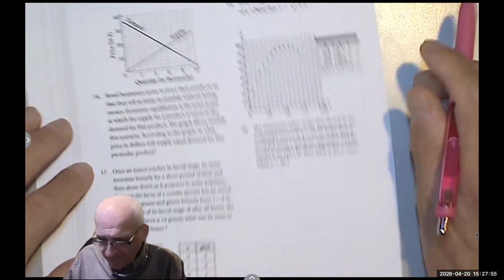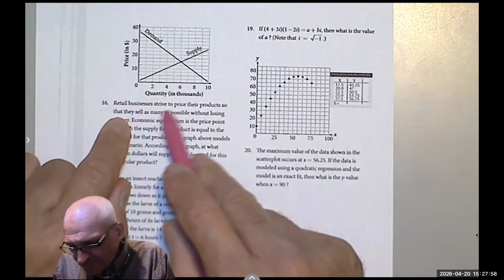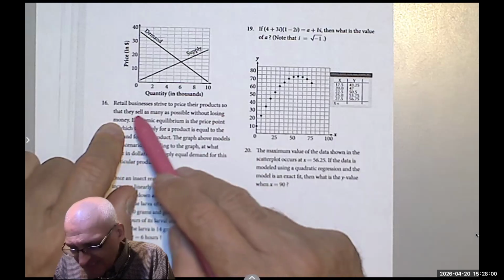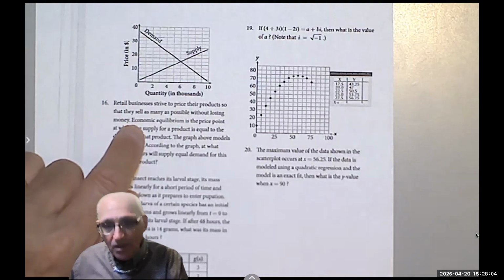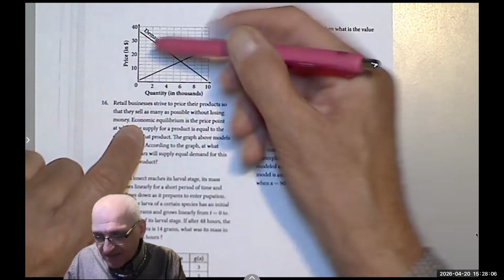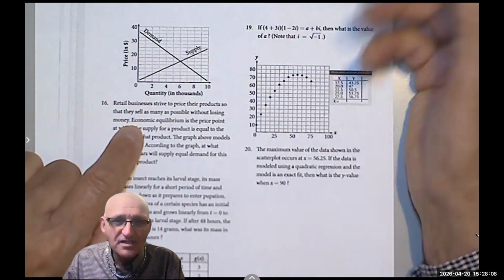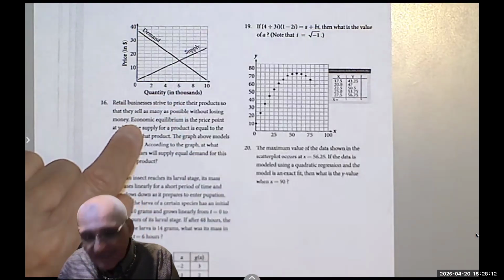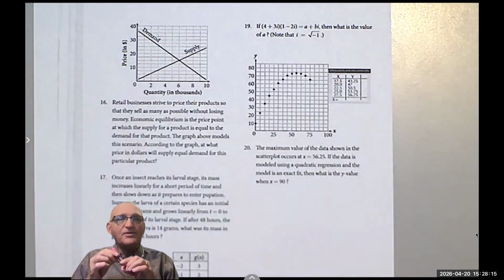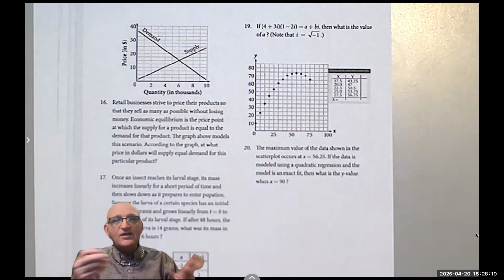Retail businesses strive to price their products so that they sell as many as possible without losing money. If we have the supply and demand graphs, and usually they are not straight lines, but they make it easy for you here, the point of intersection is called the economic equilibrium, meaning the supply equals the demand.